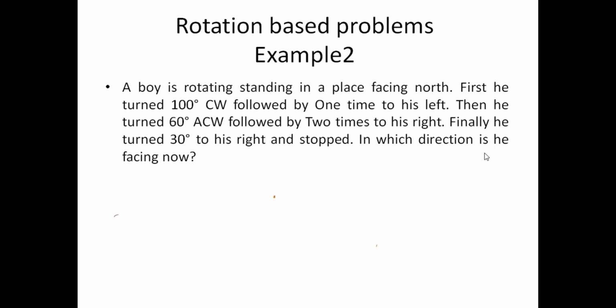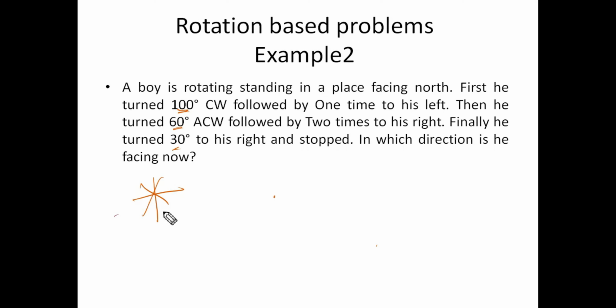The second example is also based on the same rotation. Now see here, 100 degrees is there, 60 degrees is there, 30 degrees is there. How to represent this 100 degree, 60 degree and 30 degree in our directions?